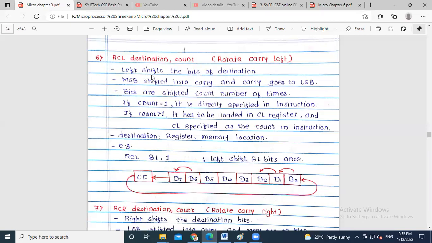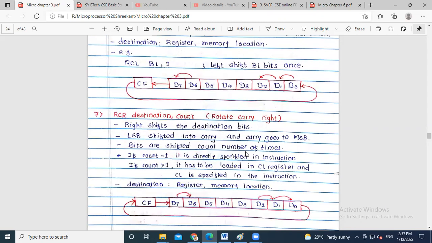The bits of the destination are shifted left, and the most significant bit goes to the carry. The bits are shifted count number of times, for count equal to 1 and count greater than 1. Here D0 is connected directly with the carry, whereas previously it was connected to the D7 position; in this one, it is shifted only through the carry.